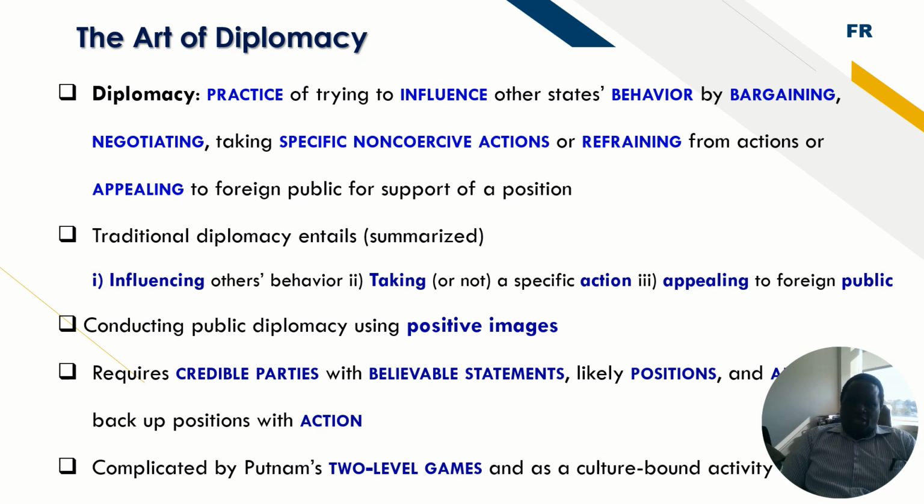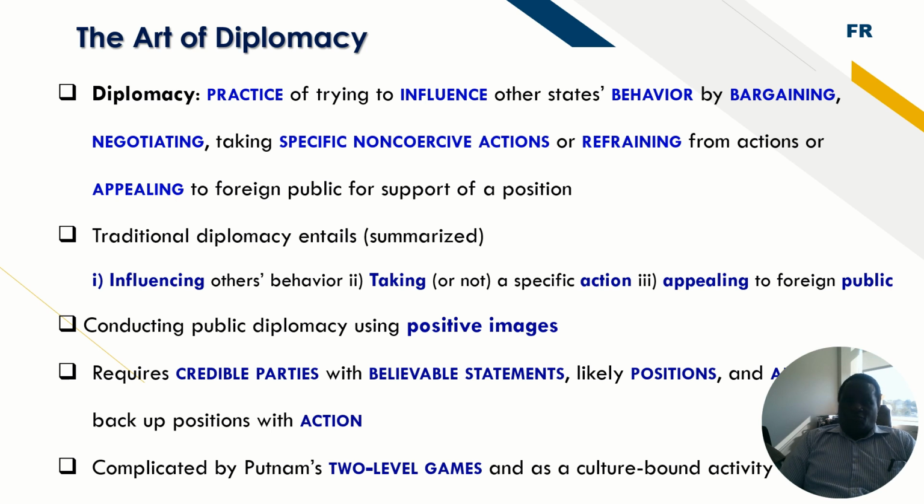But also we sort of move on to think about the art of diplomacy, which by definition is the practice of trying to influence other states' behaviors by bargaining, negotiating, taking specific non-coercive actions, refraining from actions, or appealing to foreign public support, but also maybe undertaking certain actions. And so if you think about traditional diplomacy, you're influencing others' behaviors, you're taking or not taking action, and you're appealing to a foreign public.